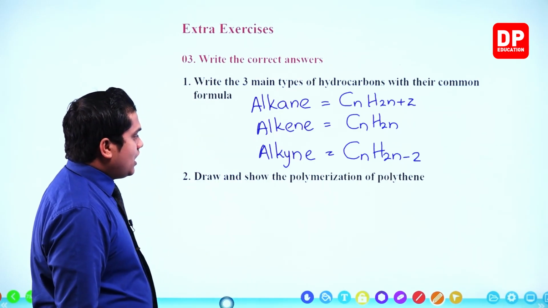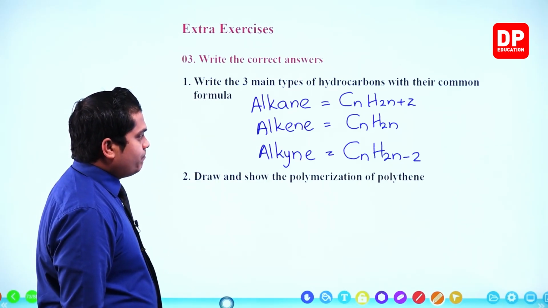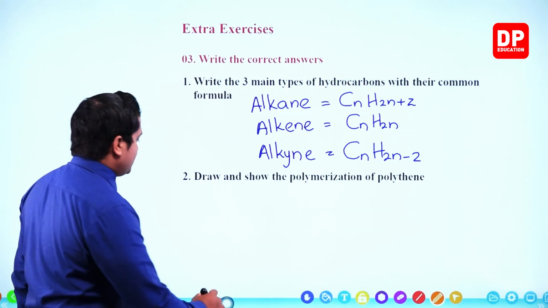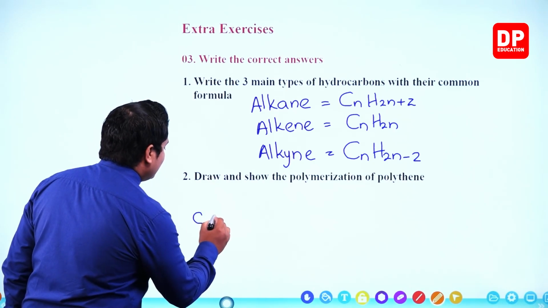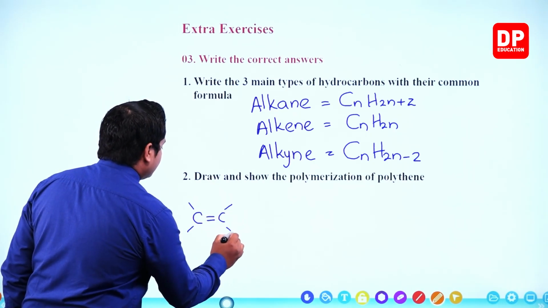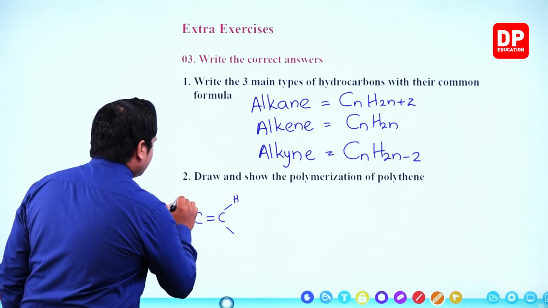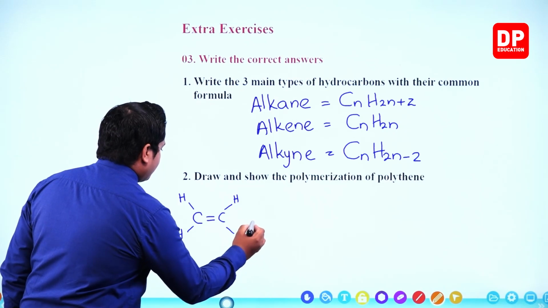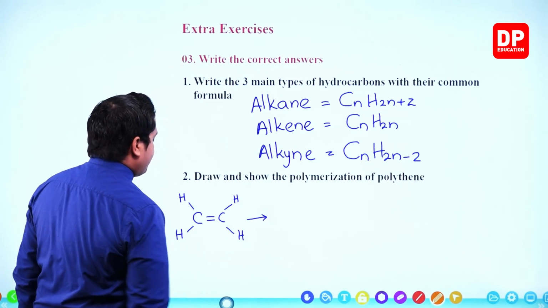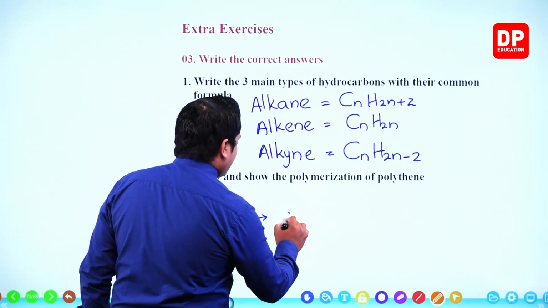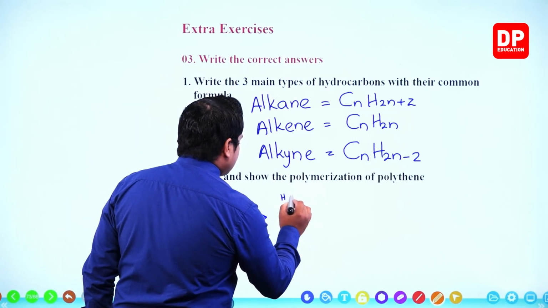Draw and show the polymerization of polythene. First of all, ethene, the monomer. Then it breaks the double bond over here to create the repeating unit like this.